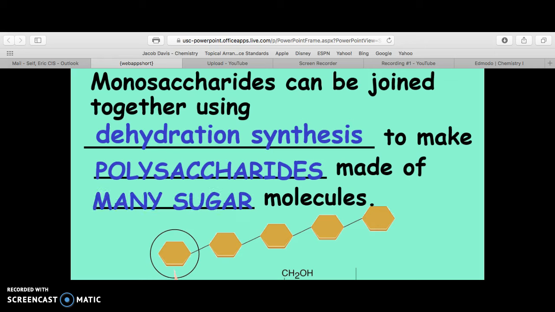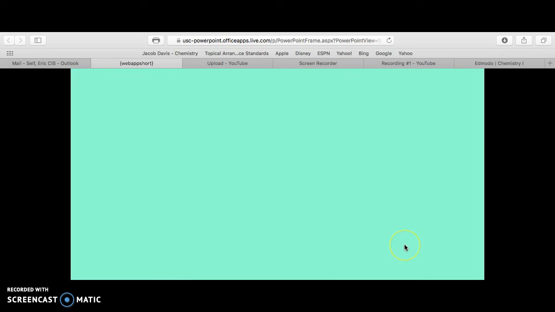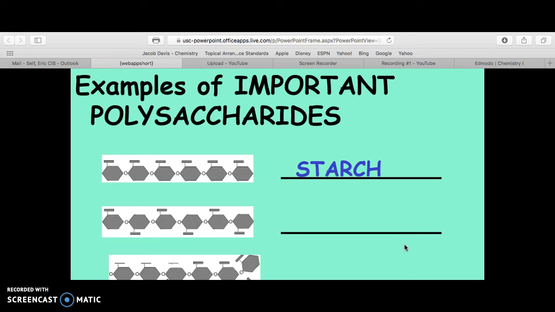And it's made up of many sugar molecules placed together in a line. And so you see here, you've got 5 sugars placed together, and we would call that a polysaccharide, not a monosaccharide.